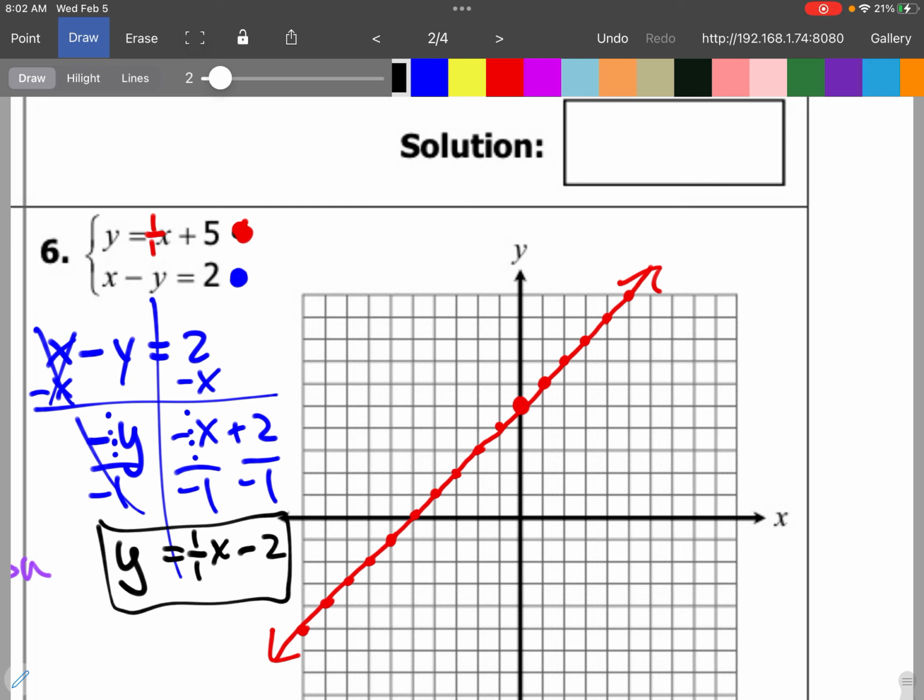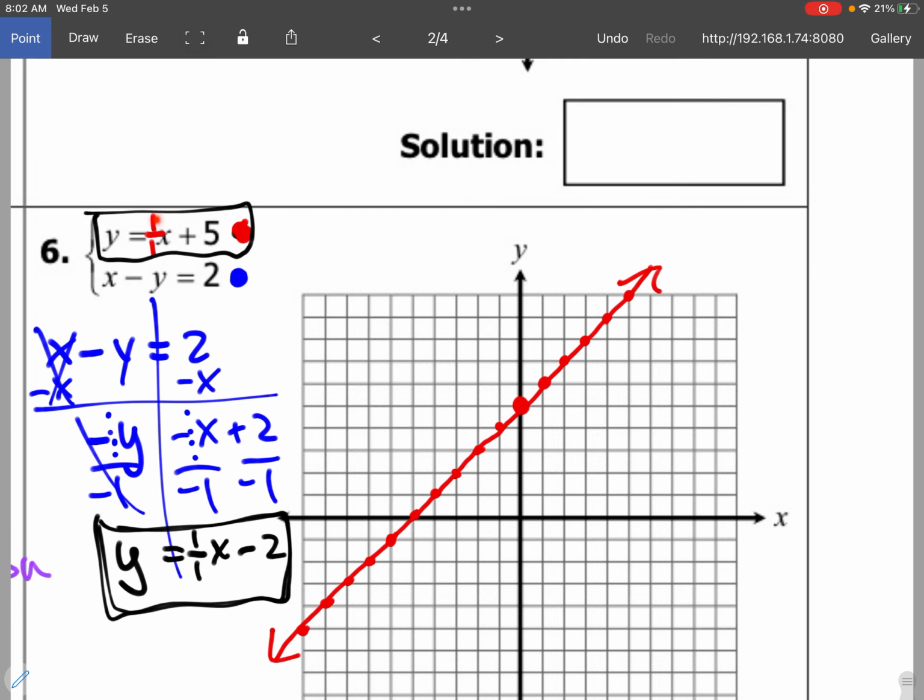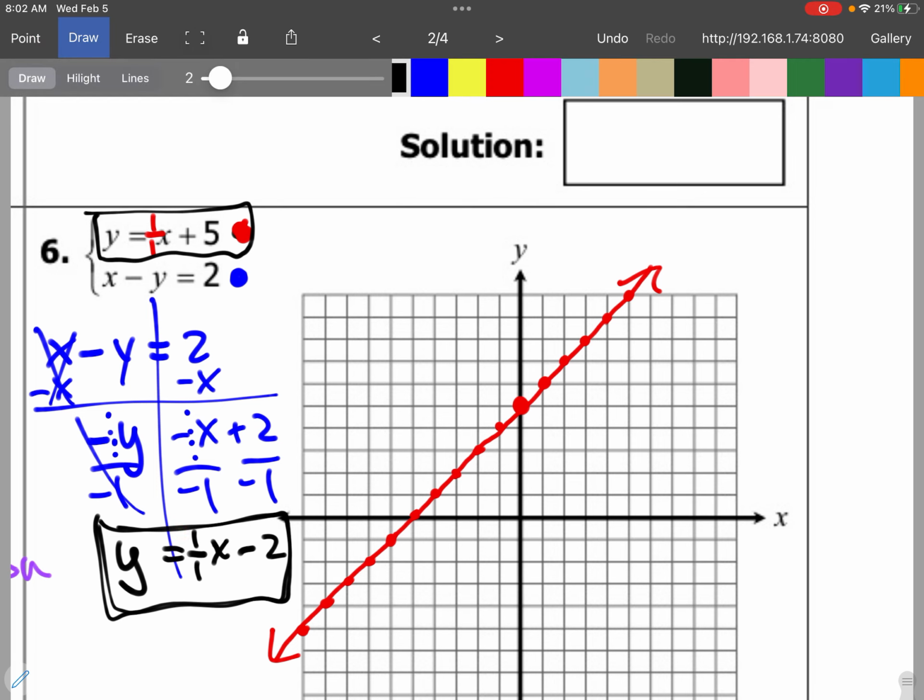What do you notice about this guy and this guy? They got the same slope, but different intercepts. So they're born in different places. This second line is born at -2, but the slope is the same, up 1/1. Slope is still the same.